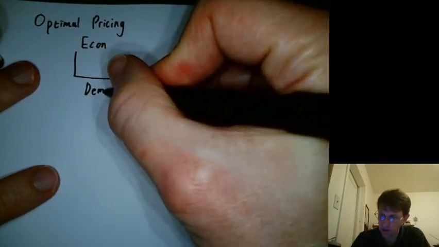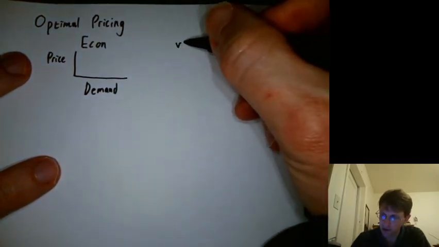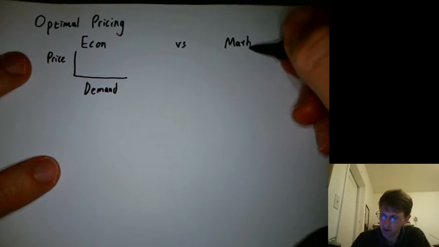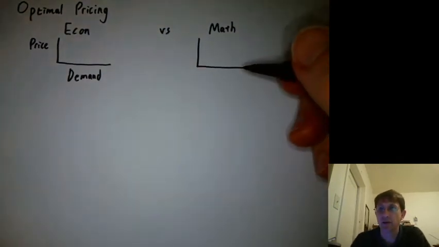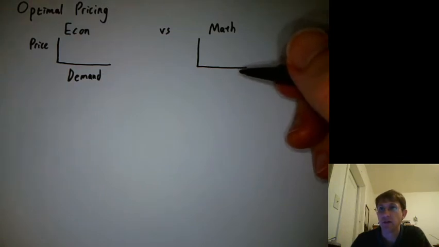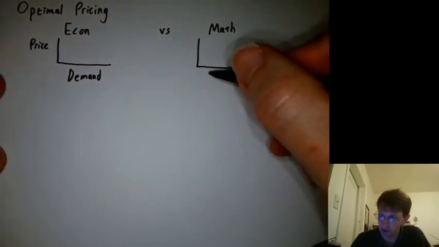So in econ world, you put the demand on the x-axis and the price on the y-axis. But in the math world, we tend to say, well, a store can set the price they want to charge and just see how many people buy items or how many items get sold.